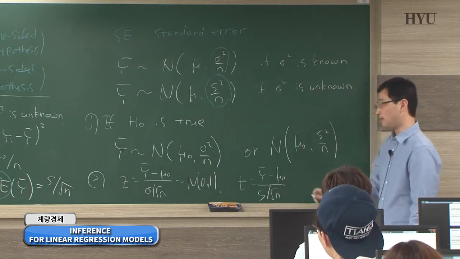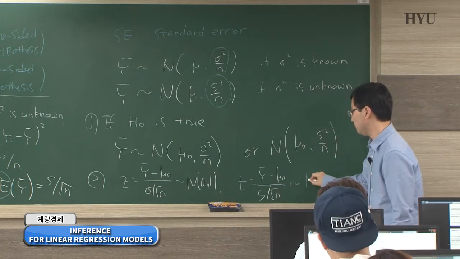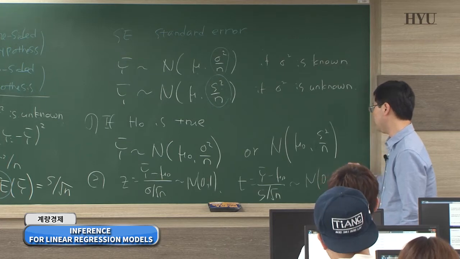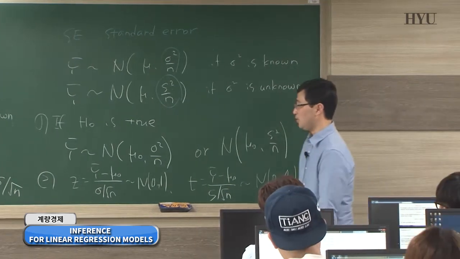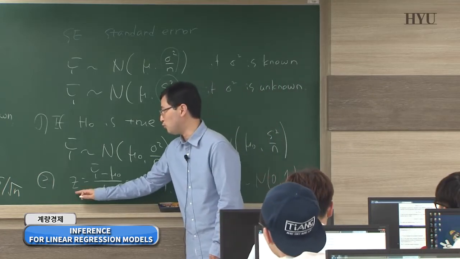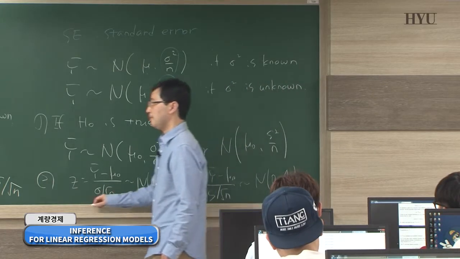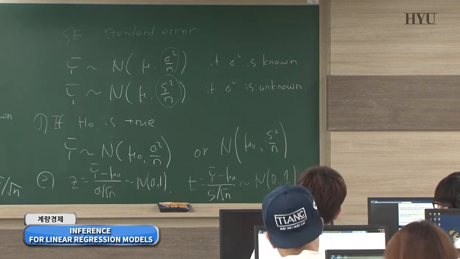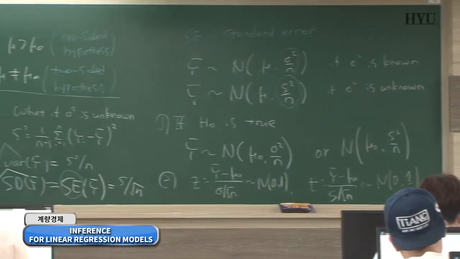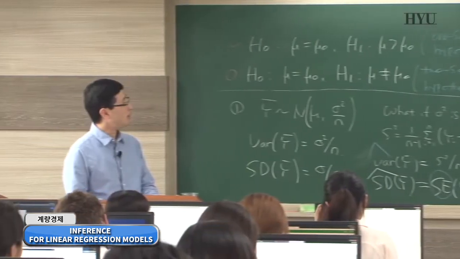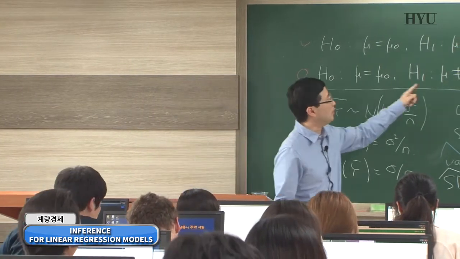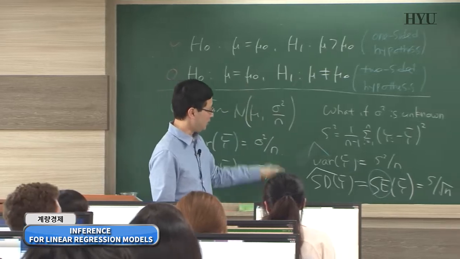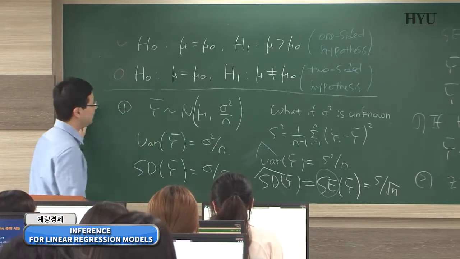This is how you standardize your normal distribution. It follows a t distribution, right? So that's where this notation comes from, Z and T. Now let's use them and let's figure out how to test these hypotheses. So what is right? What is correct given our information?